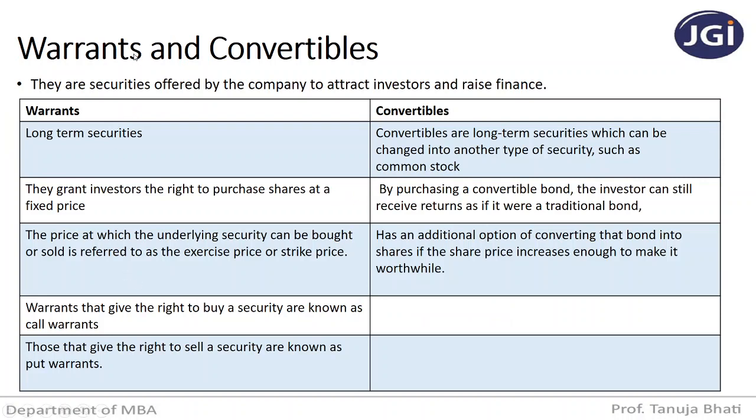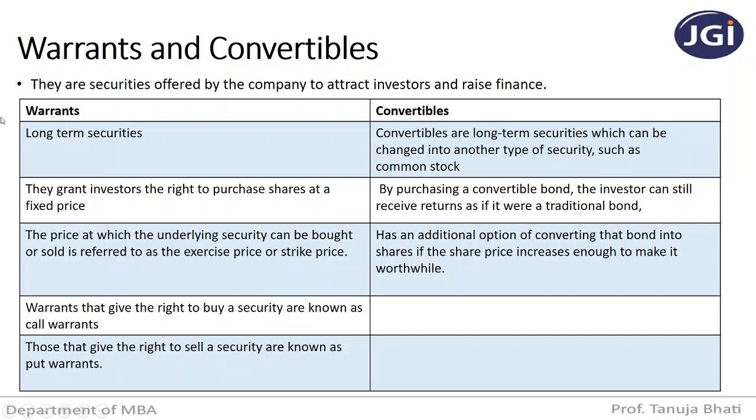Next, last part is warrants and convertibles. So what are warrants and convertibles? They are nothing but the securities that are offered by the company to attract the investors in order to raise the finance. Warrants allow the investors to purchase the ordinary shares.